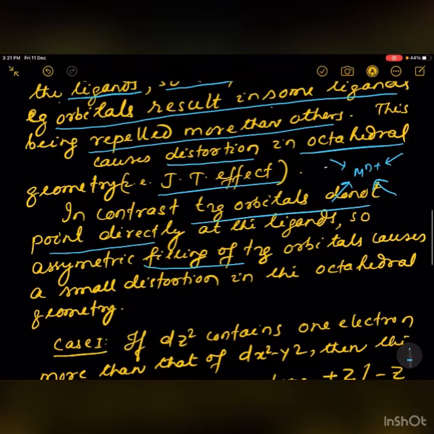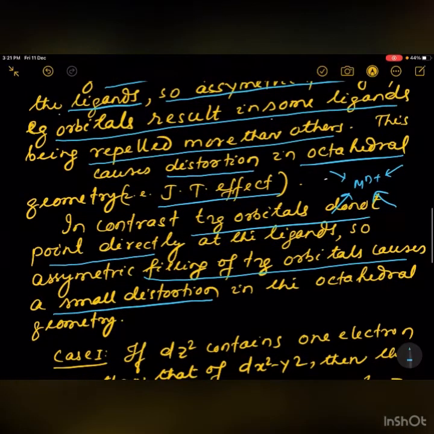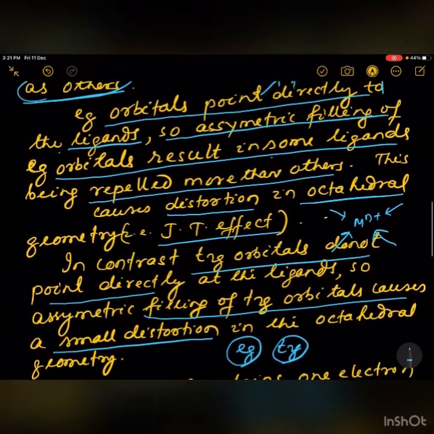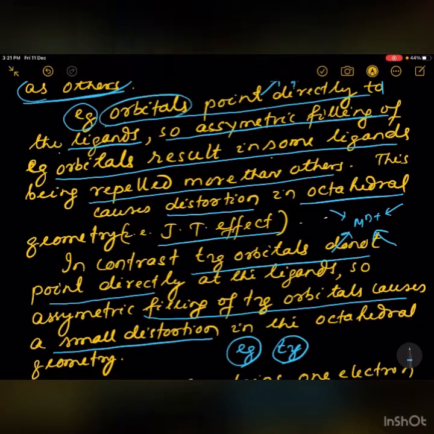Asymmetric filling of T2G orbitals causes a small distortion. So distortion will be more if EG is asymmetrically filled than that of T2G, because EG orbitals point directly to the ligands.